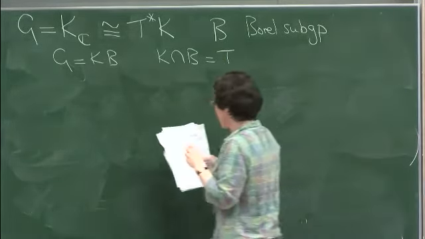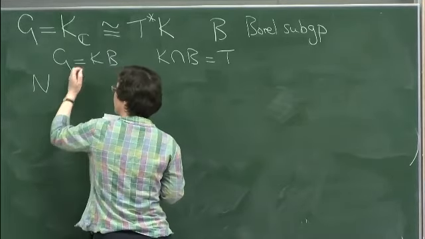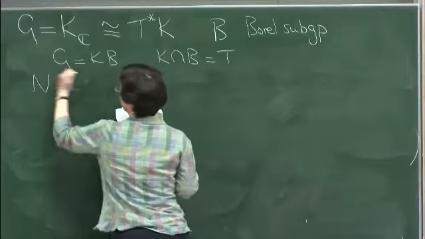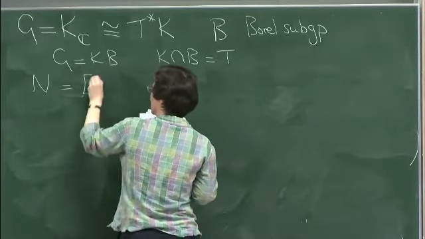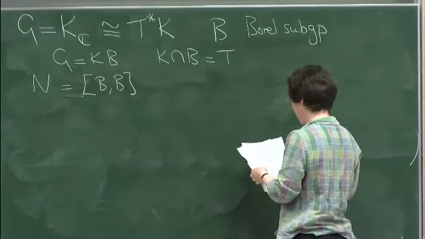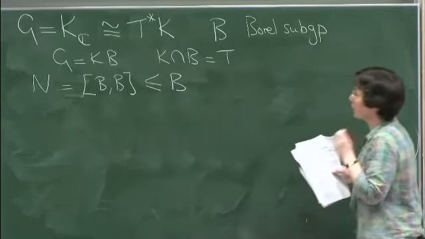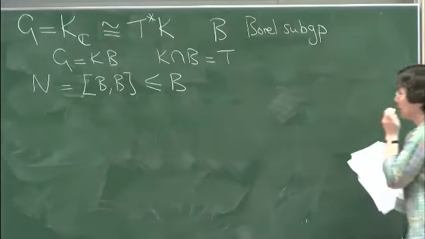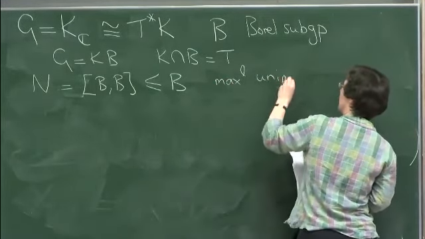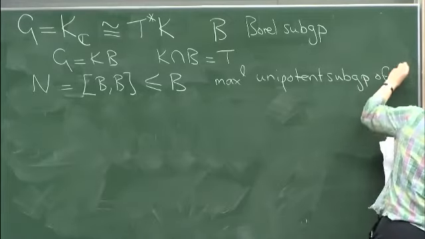And if we look at the maximal unipotent, which I guess we can take as the commutator subgroup of the Borel, so it's just the unipotent radical of the Borel, and it's the maximal unipotent subgroup of G.